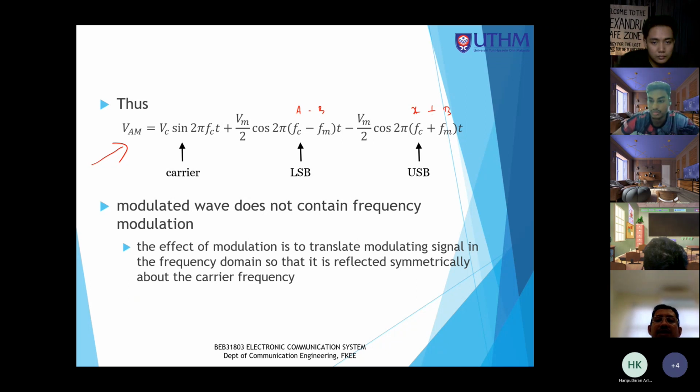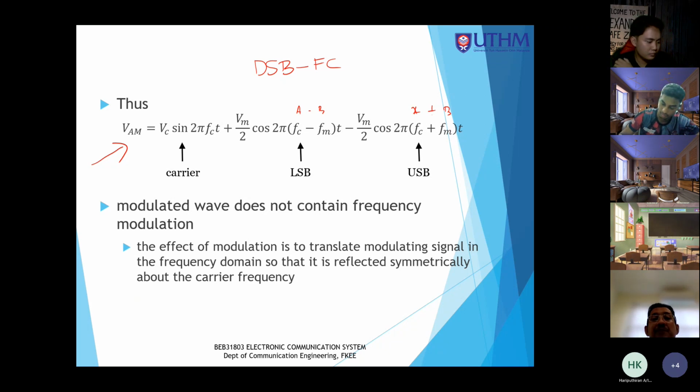So inilah dia persamaan akhir untuk AM ataupun disebut sebagai double sideband full carrier. Untuk ahli keluarga AM yang lain, dia punya persamaan mungkin berbeza sedikit. Nanti saya akan tunjukkan.